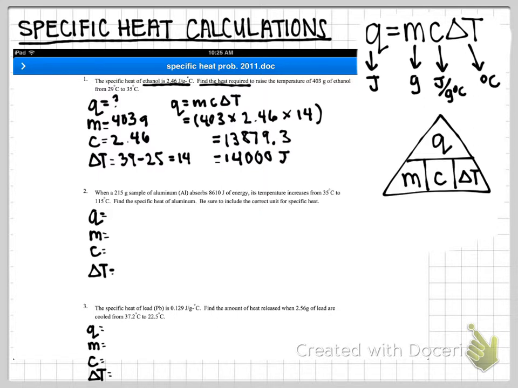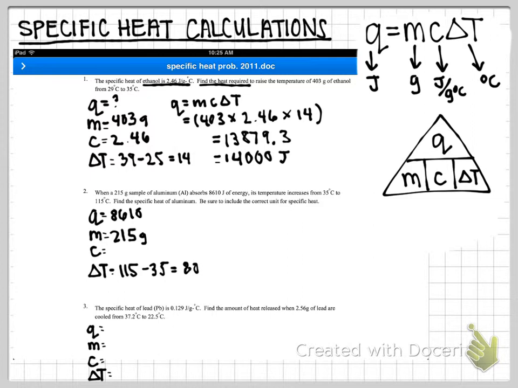The next one, 215 gram sample, so that's telling you your mass. Absorbs 8,610 joules of energy, so joules is your Q. Temperature increases from 35 to 115, so we take 115 minus 35, which is 80.